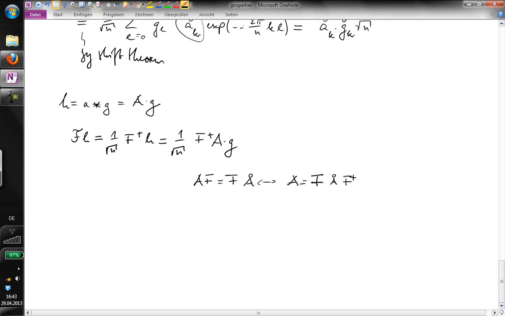That sounds more reasonable. And now I use this expression for A. This gives me F adjoint F, which taken together is n times the identity matrix.